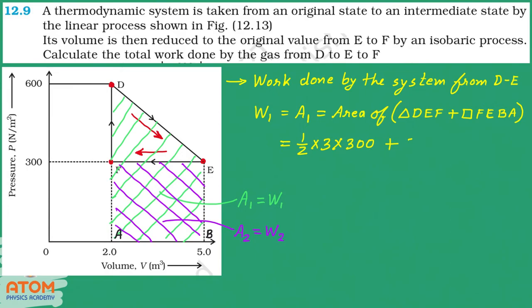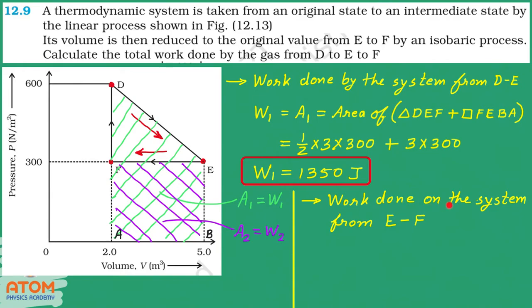So it will be 3 into 300. So as a whole, this gives us 1350 joule. So this much work is done by the system. That is our first answer. Work W1, that is the work done by the system on the path D to E, is 1350 joule.